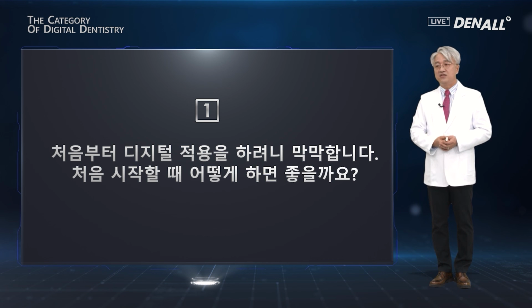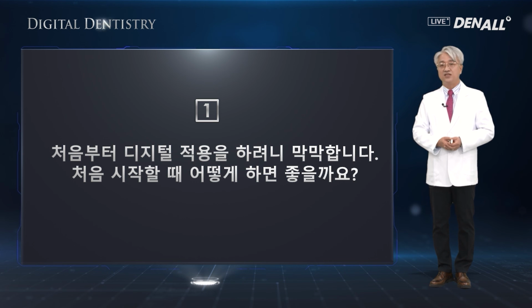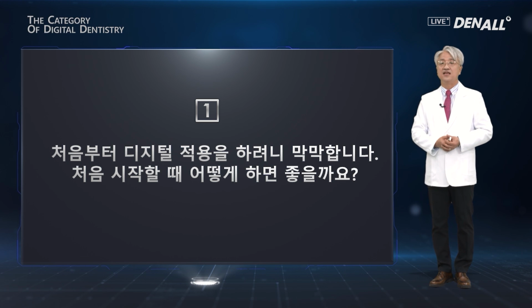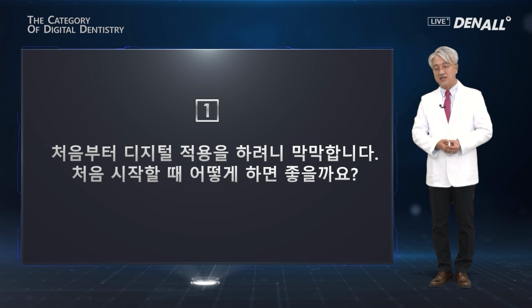What I always emphasize, if you're a beginner, don't try to do a lot of things at the same time. Just start with the oral scanner, one guide related scanning, and instead of rubber impression, use the scanner first. In prosthesis work, what is easy to use and still promises high quality will be inlay. And with the 3D printer, creating guides or temporary crowns could be done.